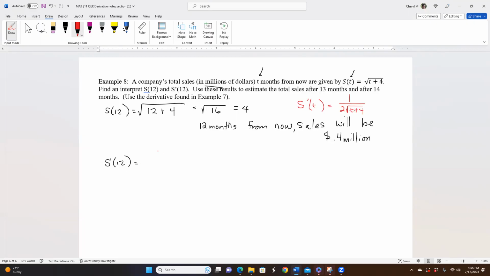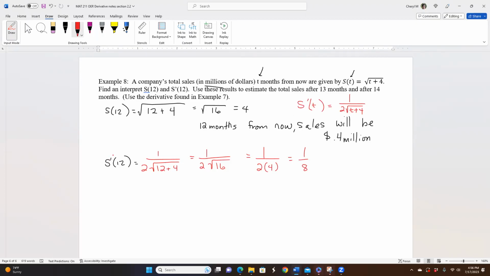So s prime of 12 would be 1 over 2 times the square root of 12 plus 4, or 1 over 2 times the square root of 16, or 1 over 2 times 4, because the square root of 16 is 4. So 1/8.